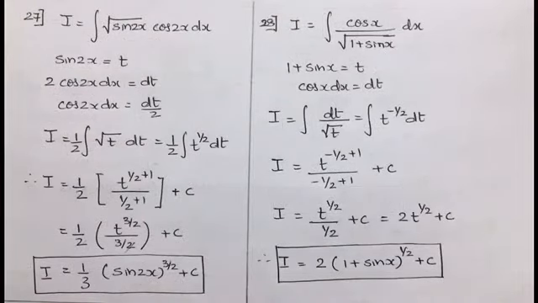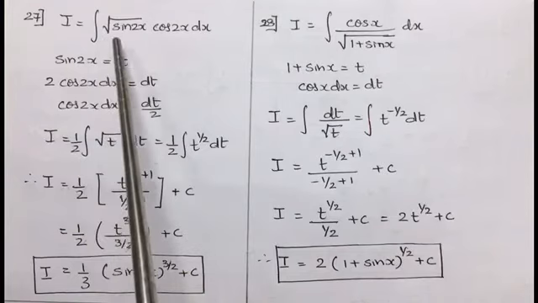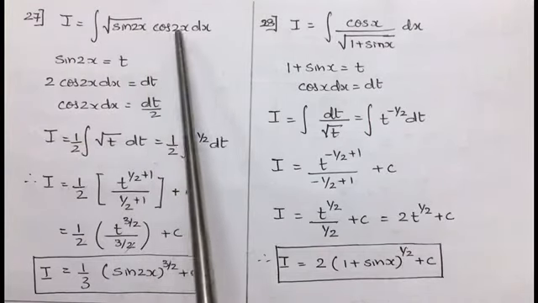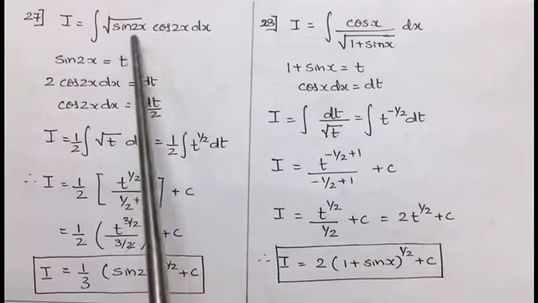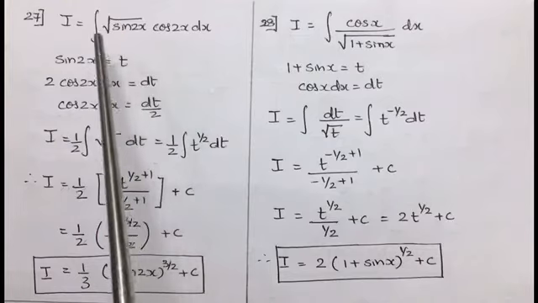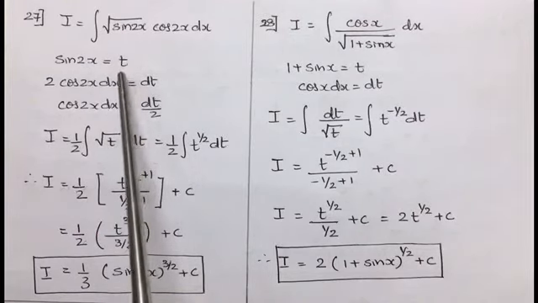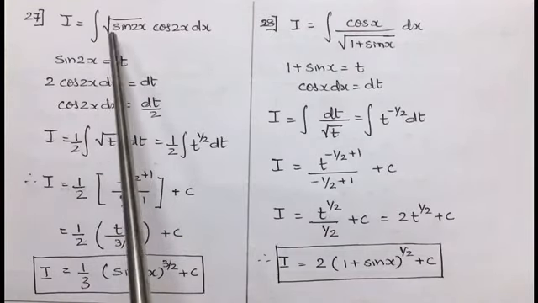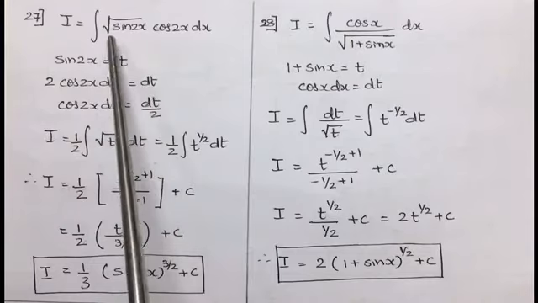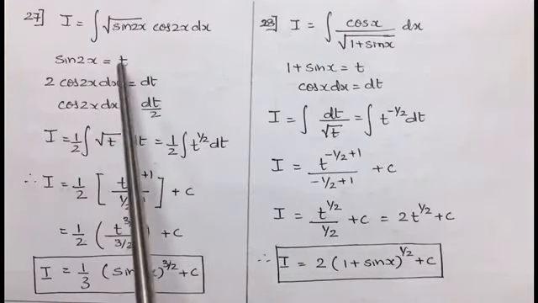27th one is I is equal to integration root of sine 2x cos 2x dx. Now again we don't have any standard integration of the multiplication rule. So whatever function is written inside root will be assumed as t. So here as sine 2x is written inside the root, we will assume sine 2x is equal to t.